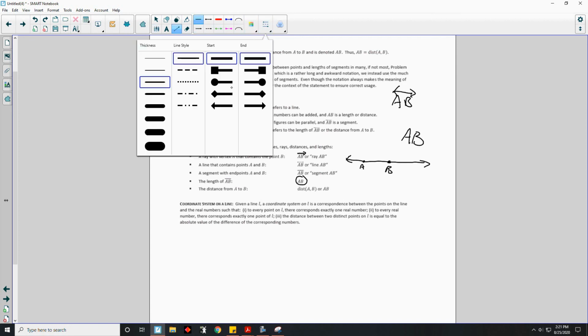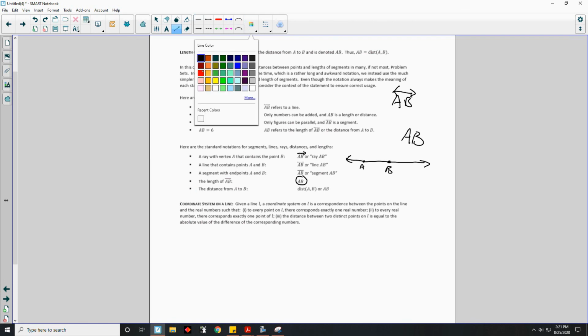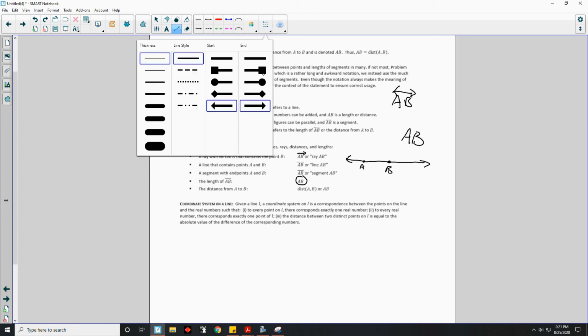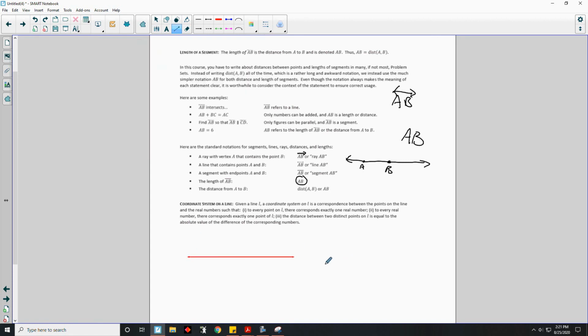Let's draw a line, and let's make it red. Okay, gotta make that a little bit bigger. So I want arrows. Let's go a little darker and try it again. That's better. Okay, so here is a line, given a line, and I'll call it L. Whoops, gotta switch back to my pen. I will call that line L. To every point on L there corresponds exactly one real number.